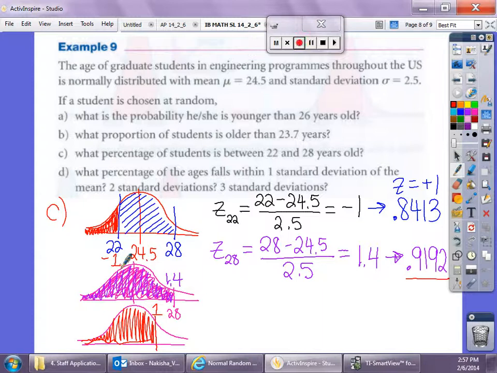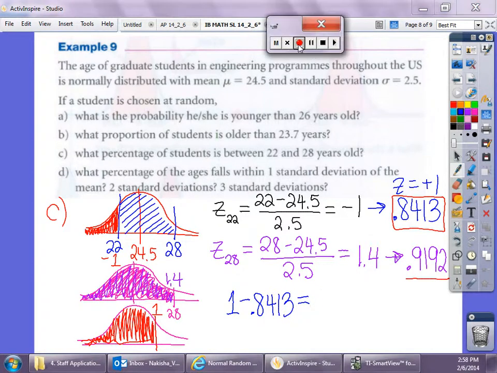I'm running out of space. So this area then is this big old red area. So what I'm hoping you understand is if I do 1 minus 0.8413, I will end up with 0.1587.